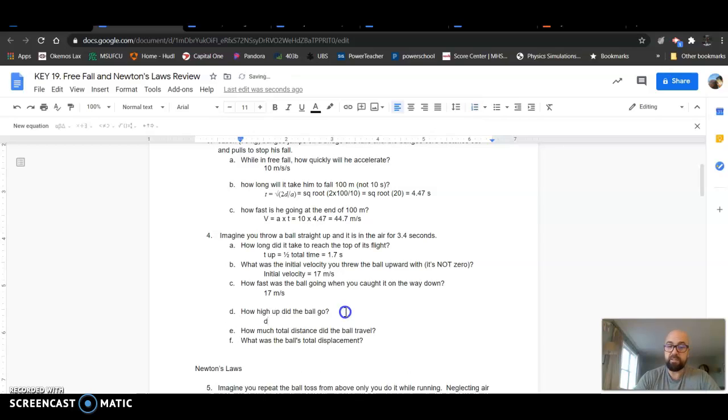So now I want to know the distance while something's accelerating. So I use that 1/2 a times time squared. I actually can't stand the caret, but it's easier to type. So now I'm at half of acceleration of 10 times my time, and I want to use just the time to go up. So that is 1.7 seconds squared.